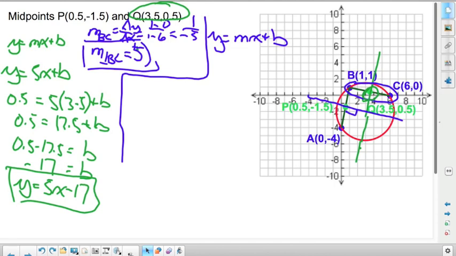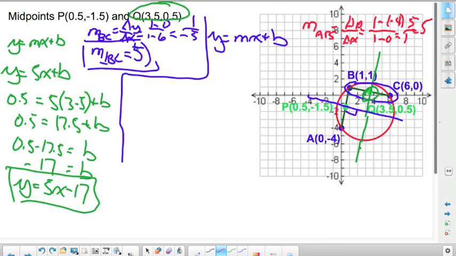Right? So here we're going to calculate the slope of AB, delta y over delta x. So here we got 1 minus negative 4 over 1 minus 0, which gives me 5 over 1, which is equal to 5. So the slope of the chord AB is just 5.